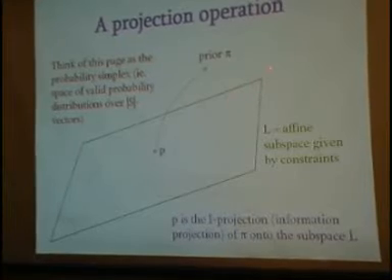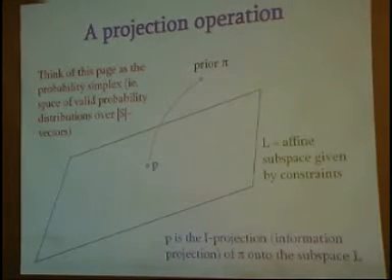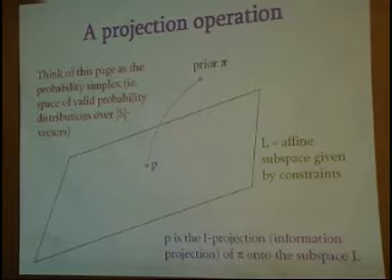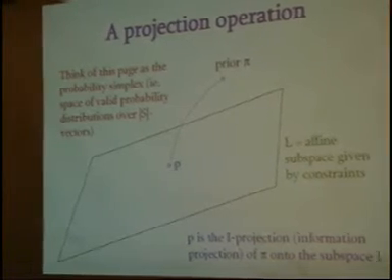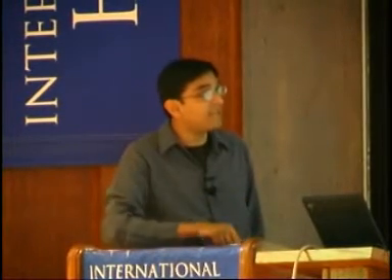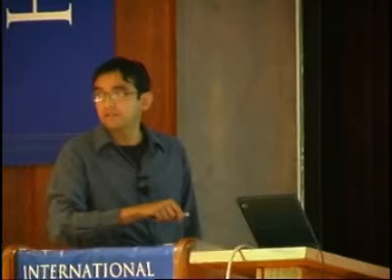I have some new constraints, and because they're linear constraints, they define a linear subspace of this simplex. They define a linear subspace of this starting 50,000 dimensional space that I have. And what I want to do is to project the prior onto that linear subspace. I want to find the point on that linear subspace that's as close as possible to the prior.